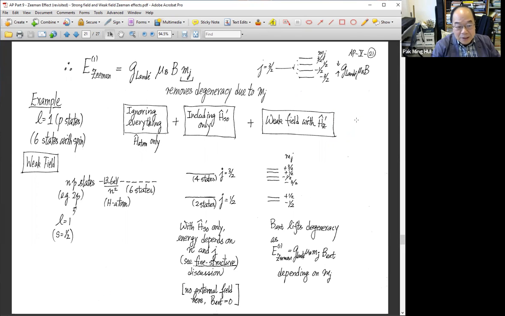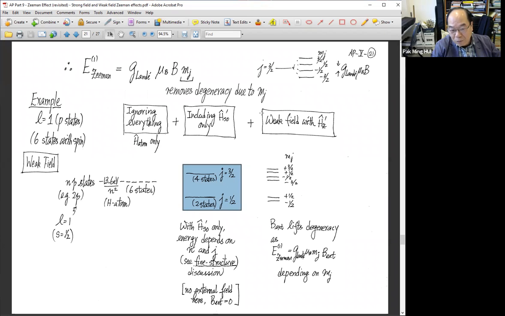So let me give you an example. So here is a P state. You can take it as 2p if you like, but nP, 3p also works this way. Now, without any terms added to the hydrogen atom, the P states are degenerate. The spin orbit is more important in the weak field case, so that will split according to J first. 4 states here behind MJ, 2 states behind MJ. Okay, no more, no less, 6 states.